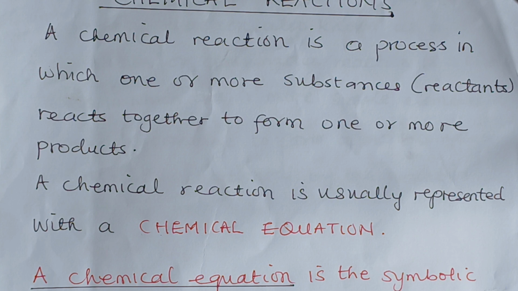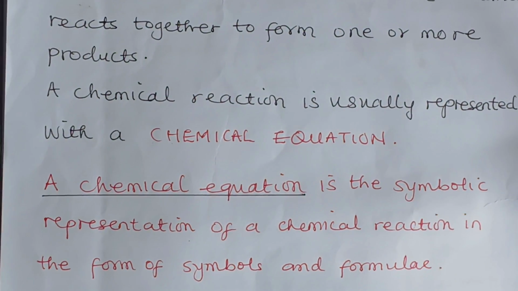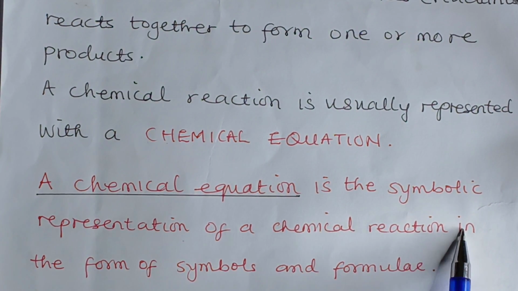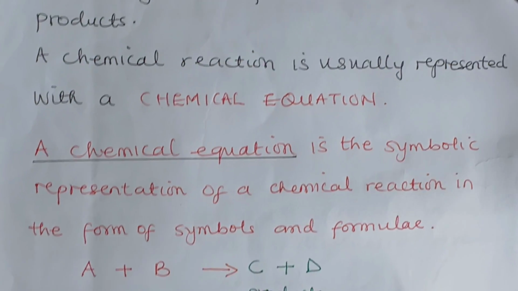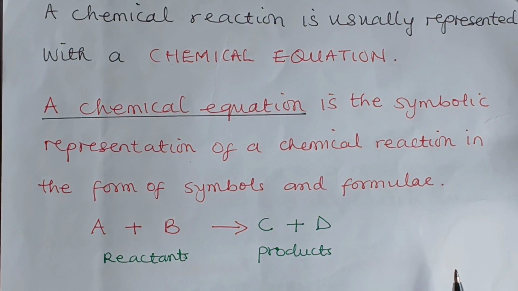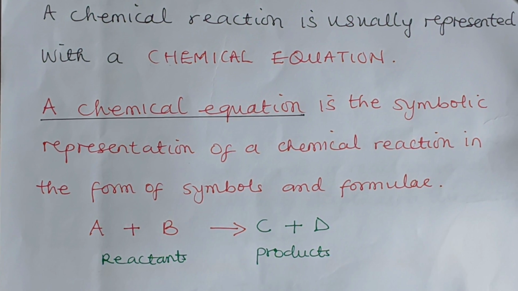And here, a chemical equation itself is defined as a symbolic representation of a chemical reaction in the form of symbols and formulas. You all know that we have symbols that we use to represent different elements, and from there we get their formulae.